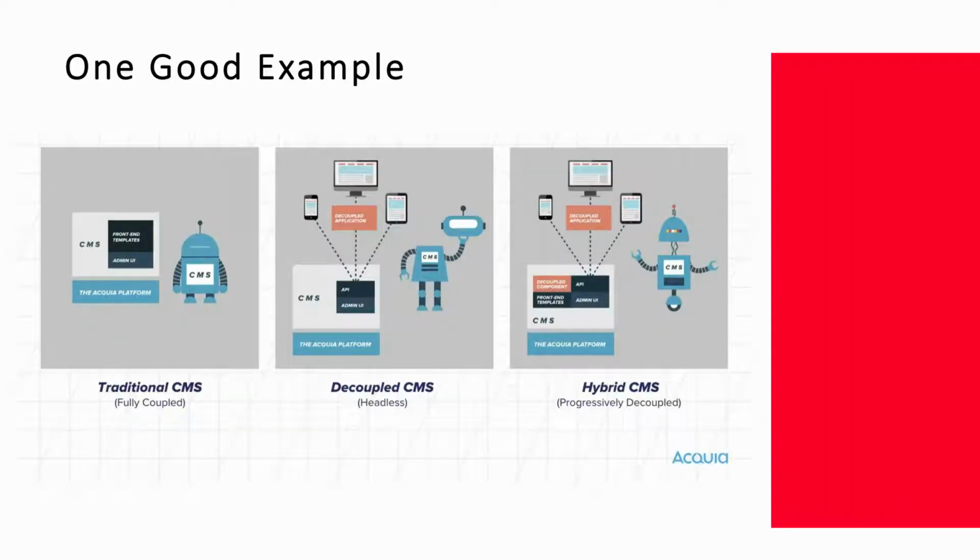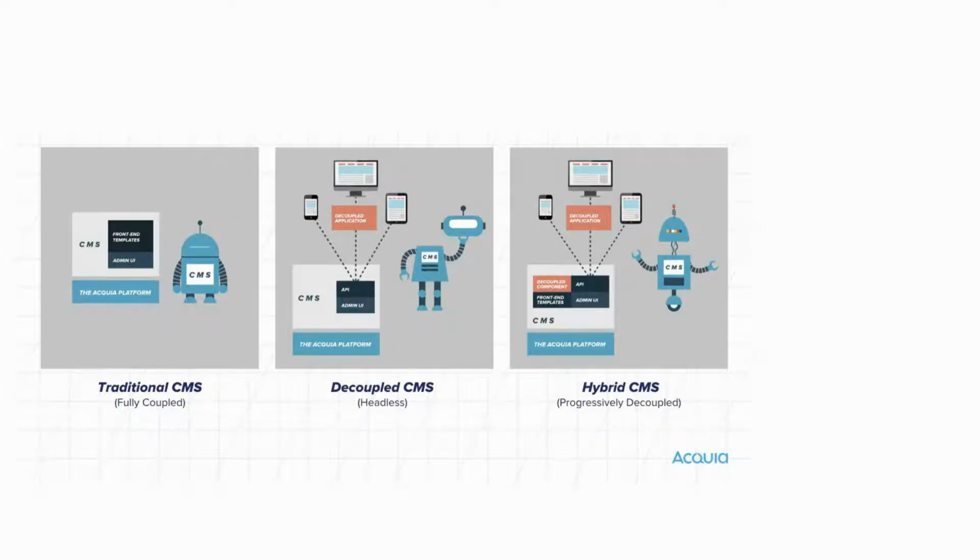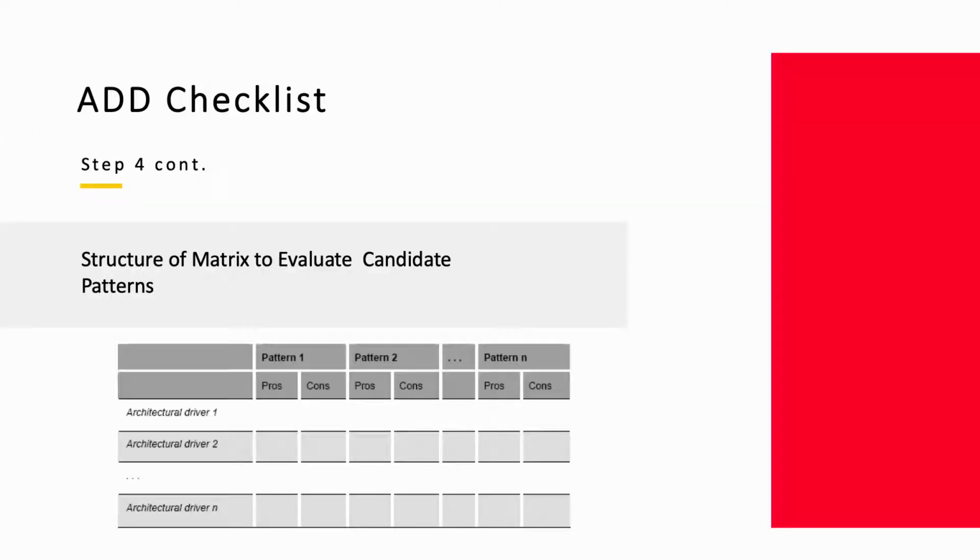When you're building this table, this is where the architects throw in some of the latest and greatest patterns like microservices, or you'll see the most common ones like MVC and layered.